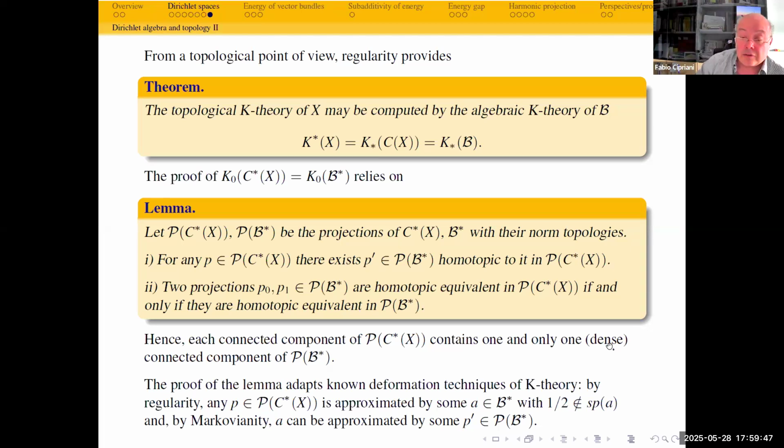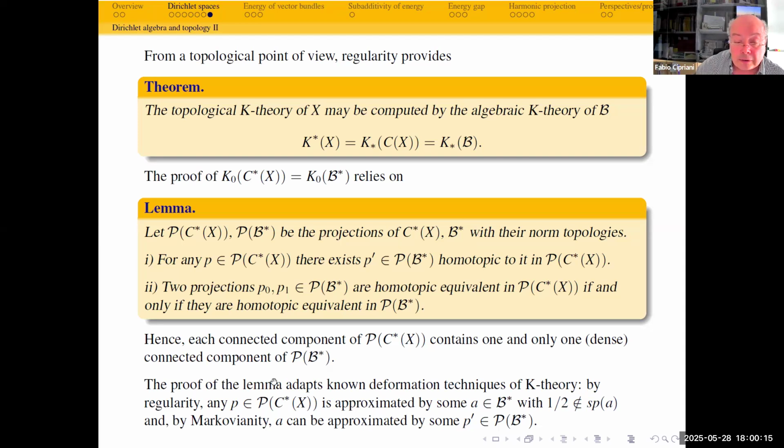In fact, the second one is dense in the first one. So this is essentially the reason by which one can compute, in principle, K0 of the C-star algebra and also of the space X using the tools of B-star, of the Dirichlet algebra.